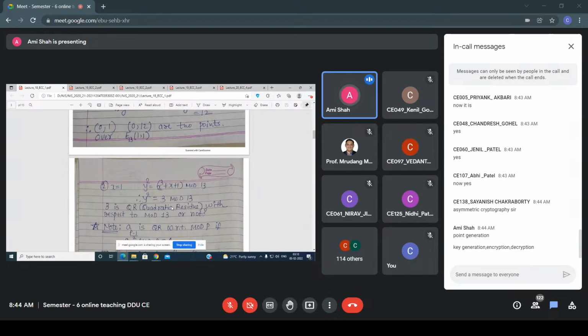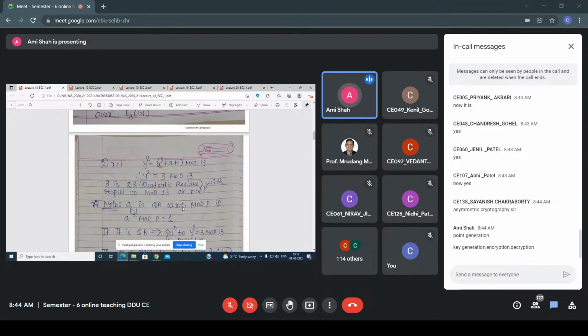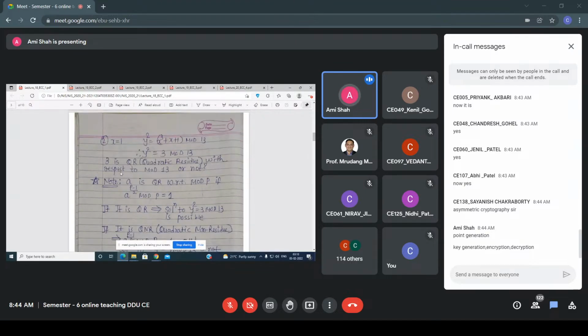Now, how to check for quadratic residue? I explained in your lecture that if you want to check whether a number is a quadratic residue, consider a and p. Then a is a quadratic residue mod p if a raised to (p minus 1) by 2 mod p equals 1. So you have to calculate 3 raised to (13 minus 1) by 2 mod 13.